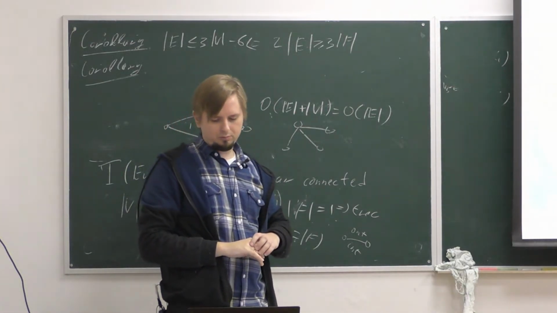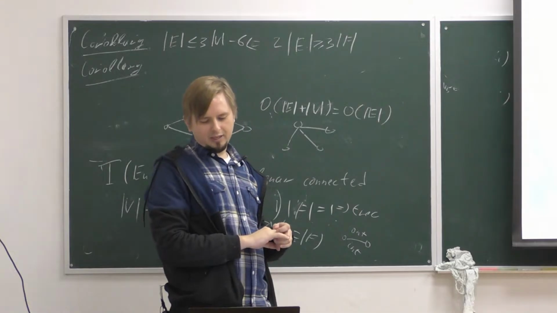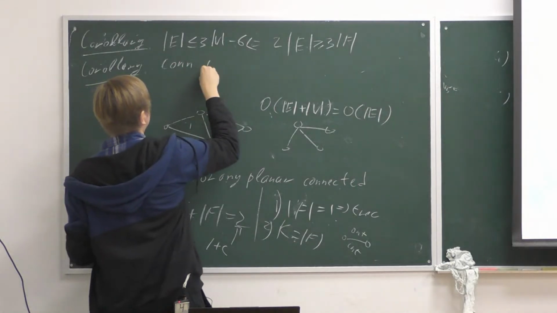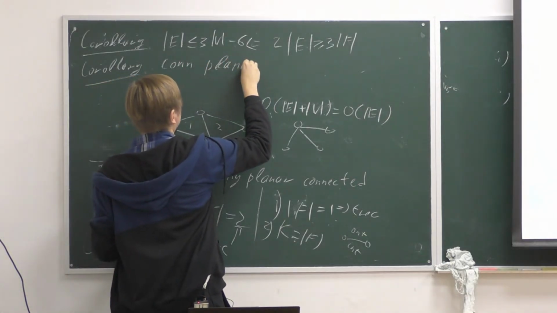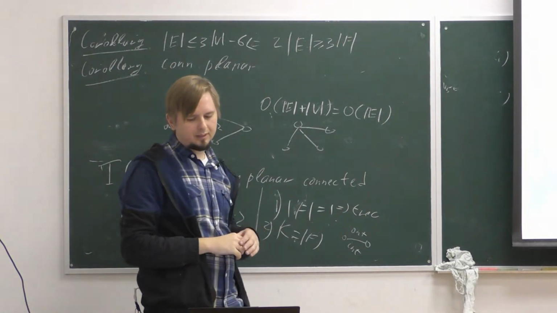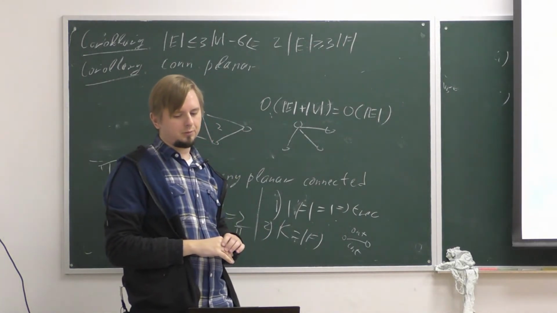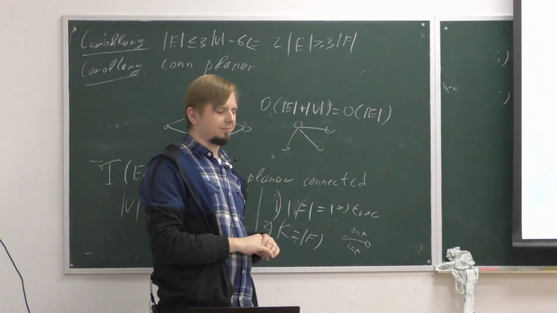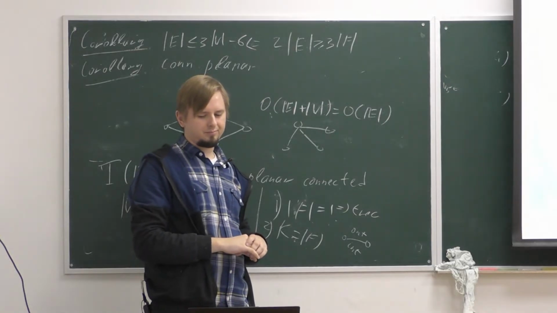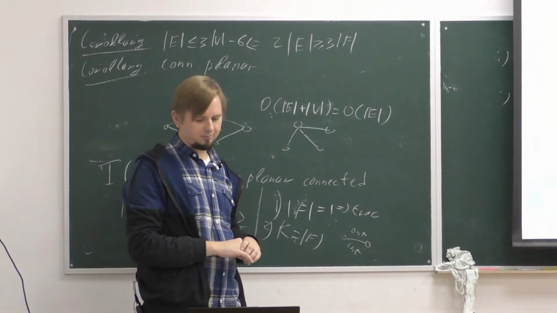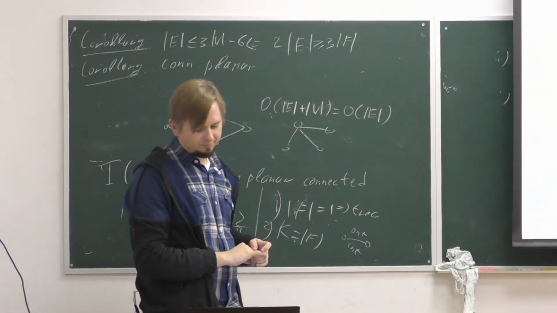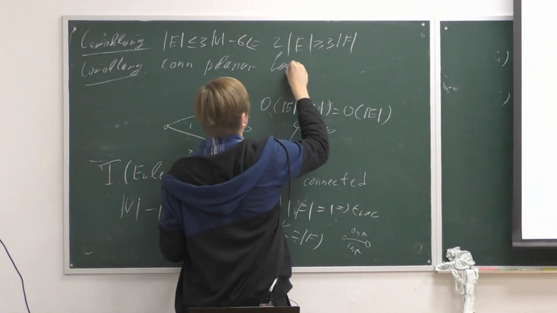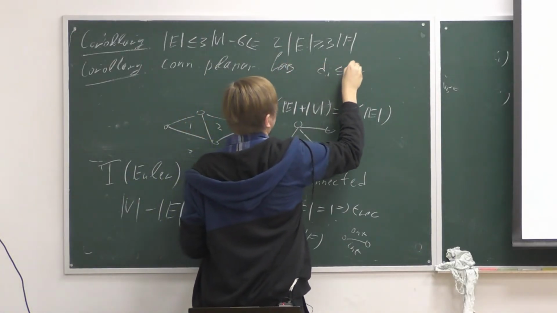Every connected planar graph has a vertex of degree at most 5. How to do it?